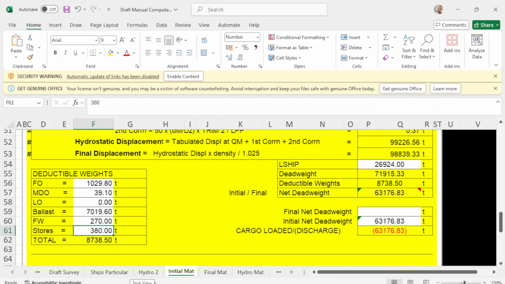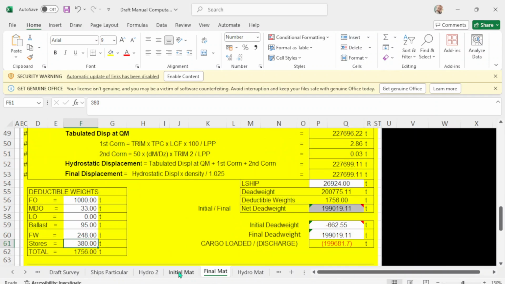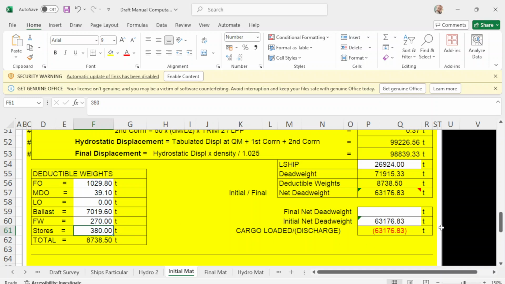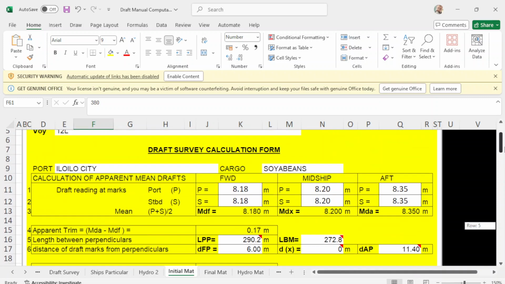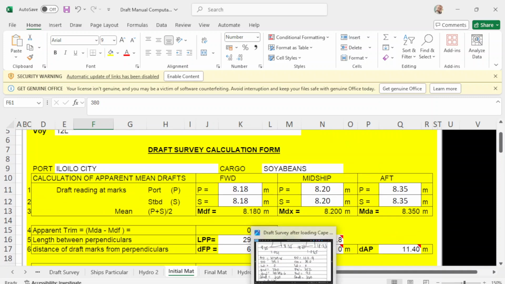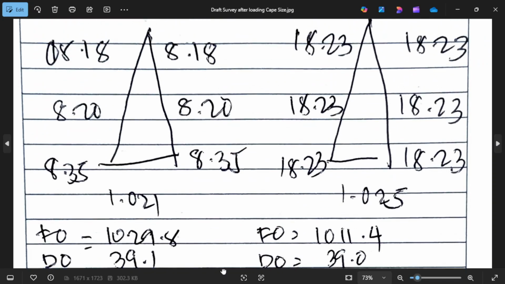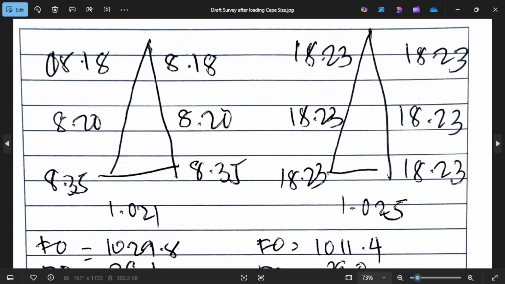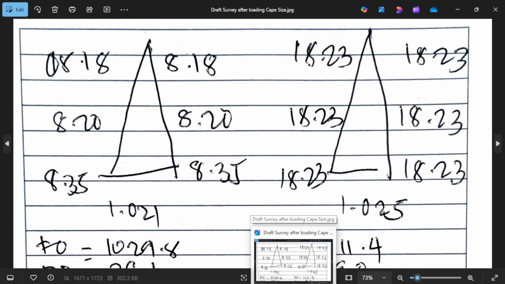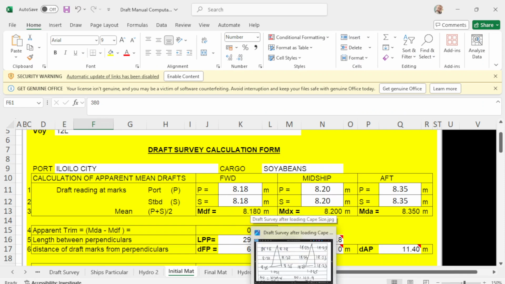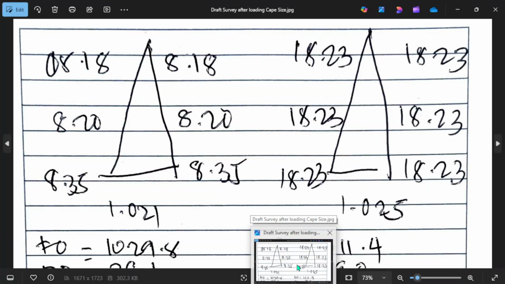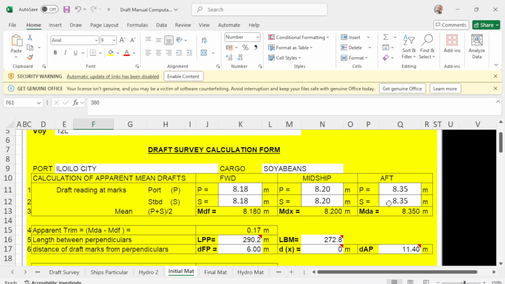Okay, this is final, this is initial. Again, we double check. 1018, 1020, 820, 835.